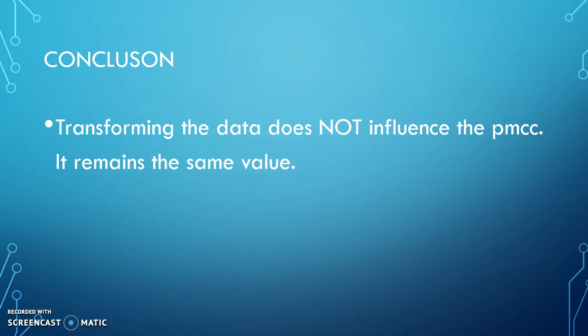So just for your information, the whole conclusion is that the product moment correlation does not change with the data that's transformed by scaling, by translating, or by both of them.